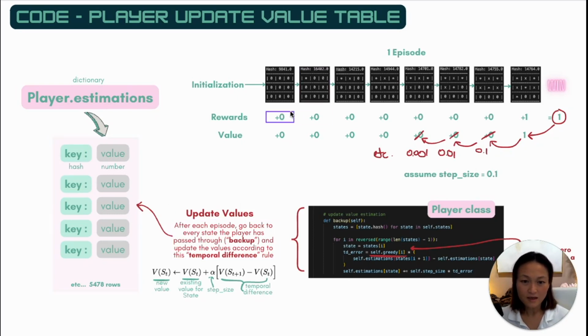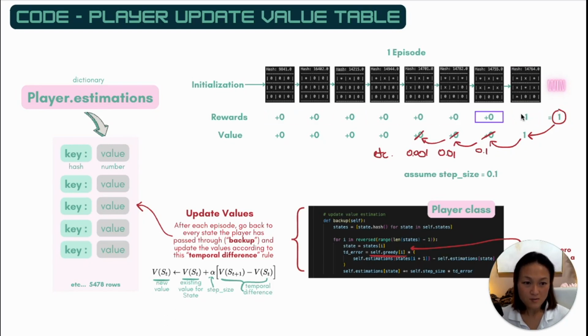And at the beginning, the value in every state will be 0. But as you play more games, you will find, let's say the player went through all of these states and then ended up winning. And so it didn't get any rewards along the way, because the way this has been implemented only gives reward after you win or lose or draw. So here you got a reward of 1.